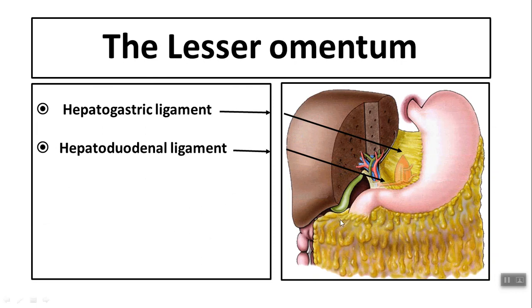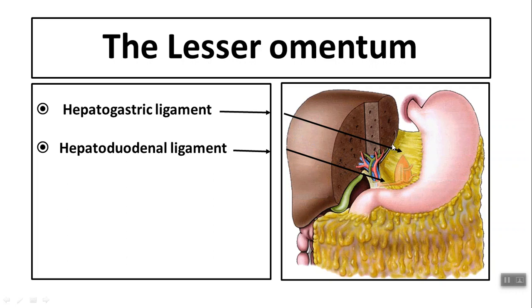The lesser omentum is also a double layer of peritoneum that extends between the liver and the lesser curvature of the stomach. It is the same layer but can be divided into two parts.